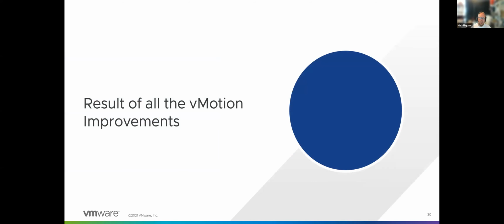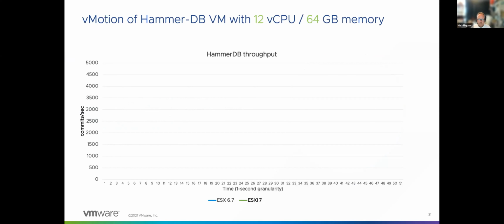So what is the result of all of these improvements, right? We have used a test bed with a HammerDB workload and just a regular sizing, I would argue, a 12 vCPU, 64 gigs of memory virtual machine, already pretty beefy. But if you're talking about a database backend, this is pretty common. We measure the commits per second over a 1 second time granularity.